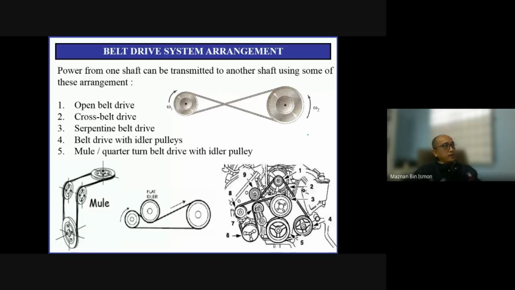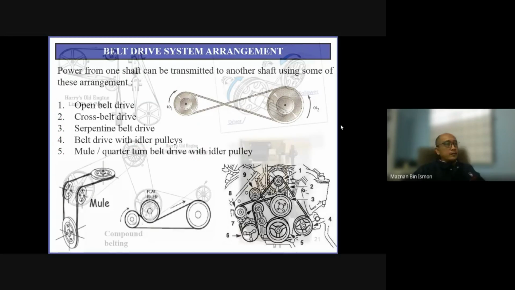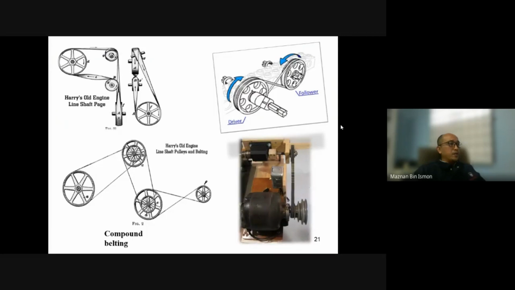Belt drive arrangements. There are open belt, cross belt, and serpentine belt drive. Later you can get them with either pulley, we will look at these again. This is another arrangement of belt. It becomes a compound belting. It is connected in sequence, like the first picture we saw of the ball mill just now.